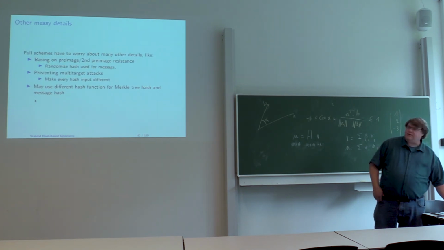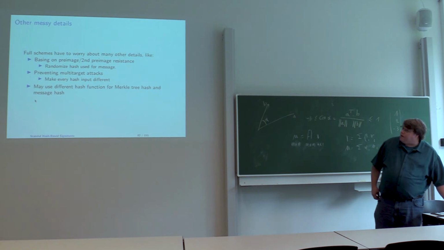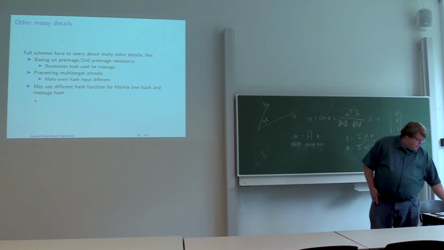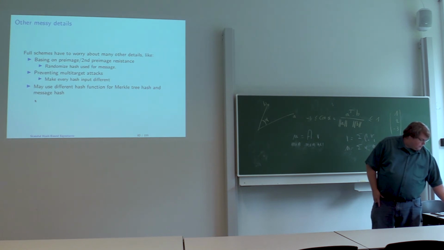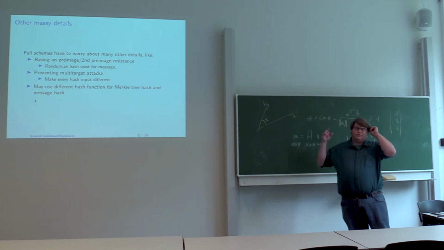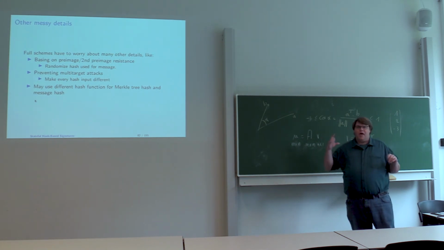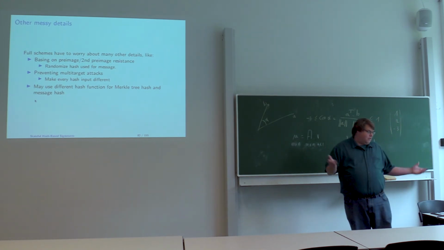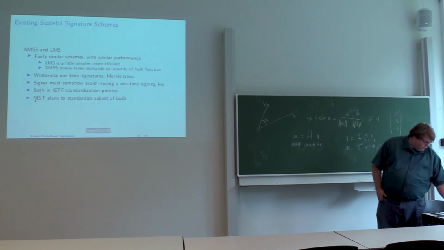There are other messy details we mostly don't need to worry about, but the full schemes do include things for basing security on second preimage attacks. You could also use different hash functions or different output sizes for the different components. So you might use a different hash function for the Merkle tree that's optimized for taking 2 hash outputs and producing 1. These are implementation details.